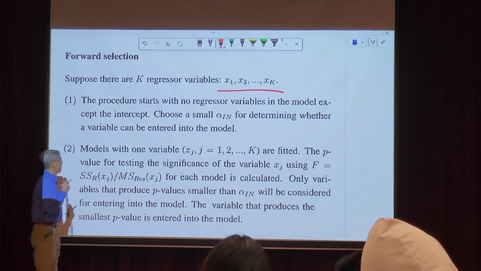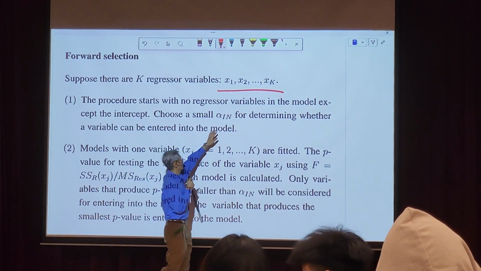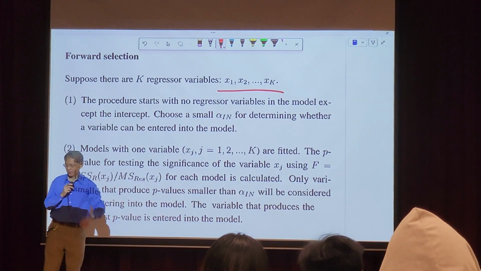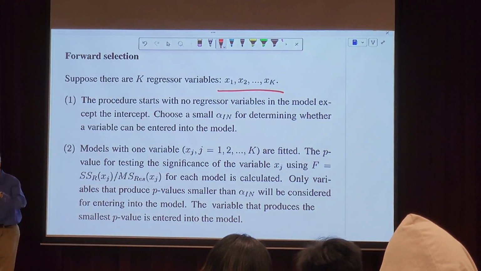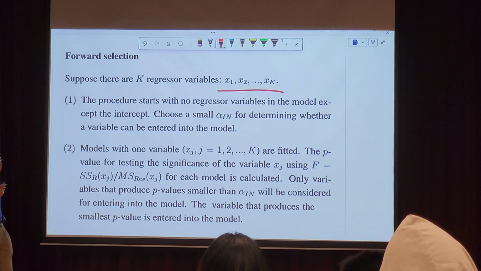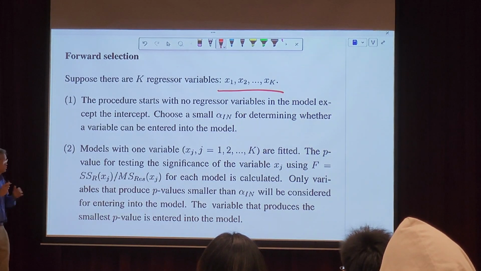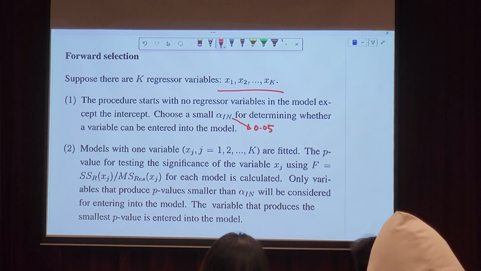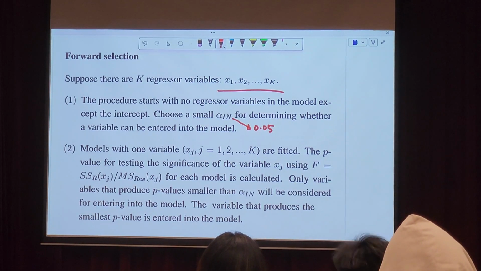Then I choose alpha in for determining whether a variable can be entered into a model or not. So alpha in is a small number. It's a cutoff point. For example, I can choose alpha in to be 0.05 because I'm going to compare the p-value with this alpha in.